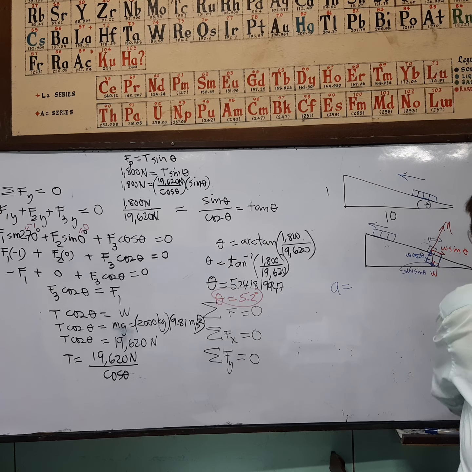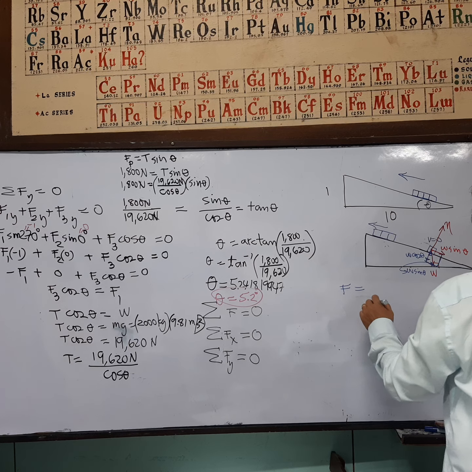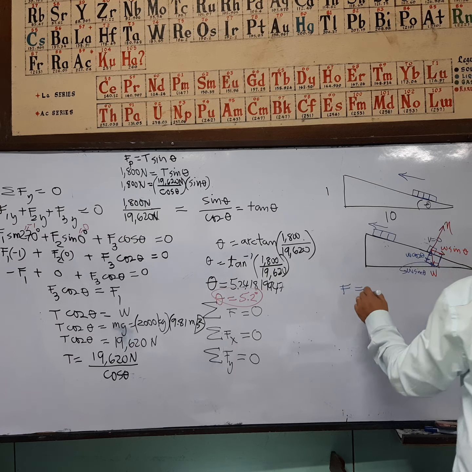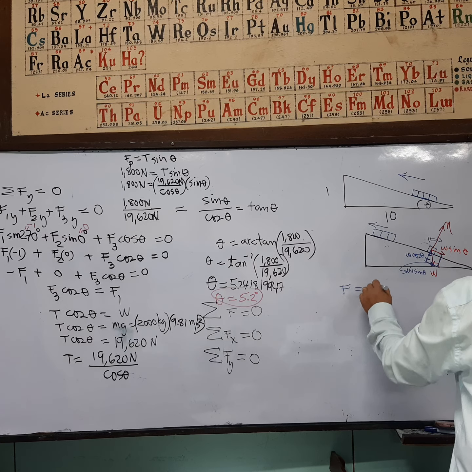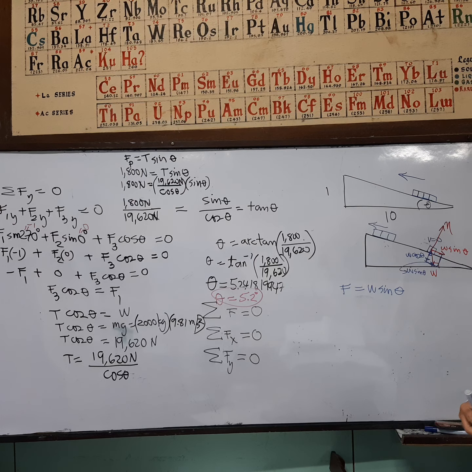So let me start here. Before the acceleration, you have the force acting here equals W sine theta, assuming there is no friction. It will continue to go up, but because of this pulling force down, the component of the weight, W sine theta, it will go down. But before going down, it will stop at a certain height.